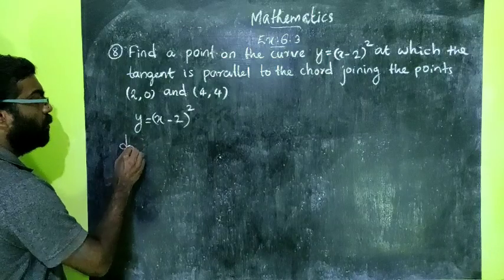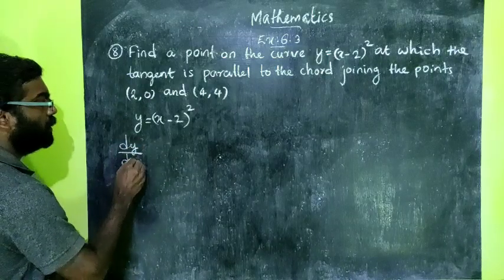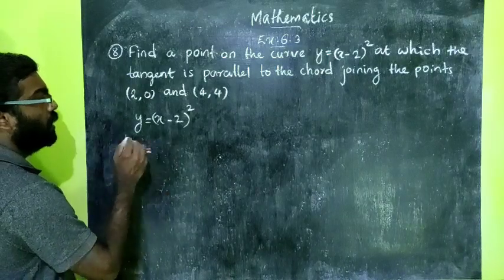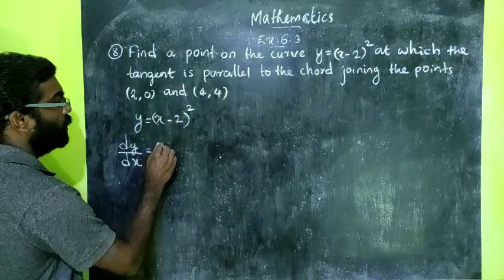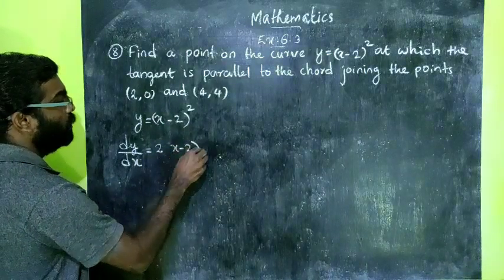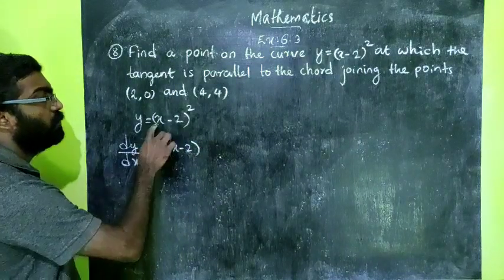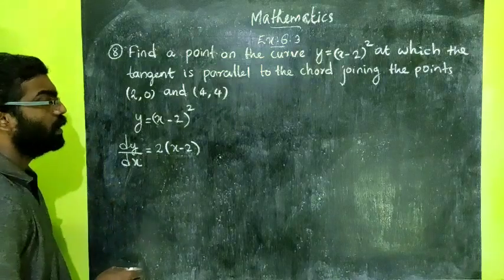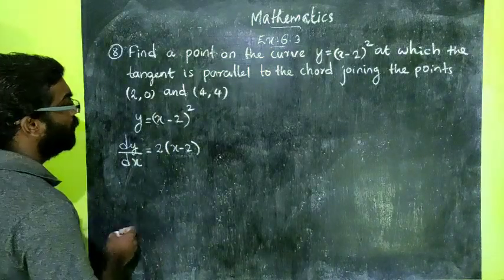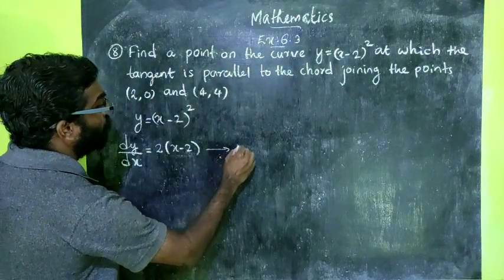First we can find dy by dx, that means the slope of the tangent to the curve. Dy by dx equal to, here it is in the form x square, so derivative is 2x, 2 into x minus 2, then derivative of x minus 2 is 1, so the answer is 2 into x minus 2. Okay, we can take it as equation number 1.